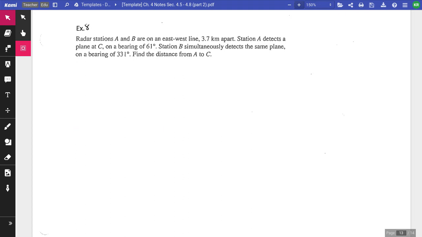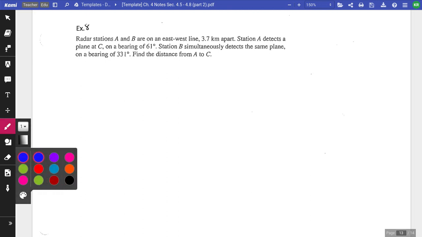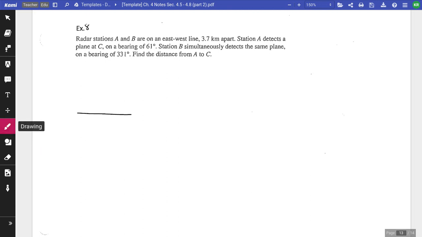So it's just going to sketch, okay, east-west line. So here's A and here's B, and 3.7 kilometers. Station A detects a plane at C on a bearing of 61 degrees.